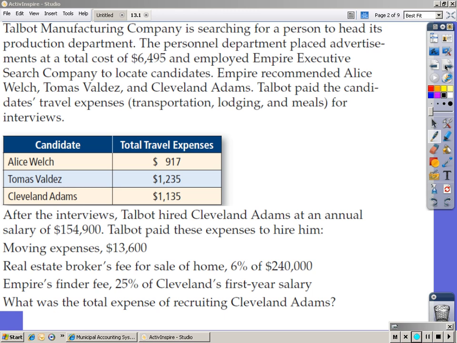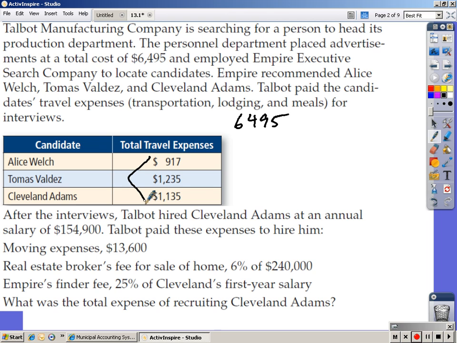All right, so it says the personnel department placed advertisements at a total cost of $6,495. So we're just going to start right there, $6,495. Okay. Then coming down the page, Talbot paid the candidates' travel expenses. Okay. These travel expenses are all right here.